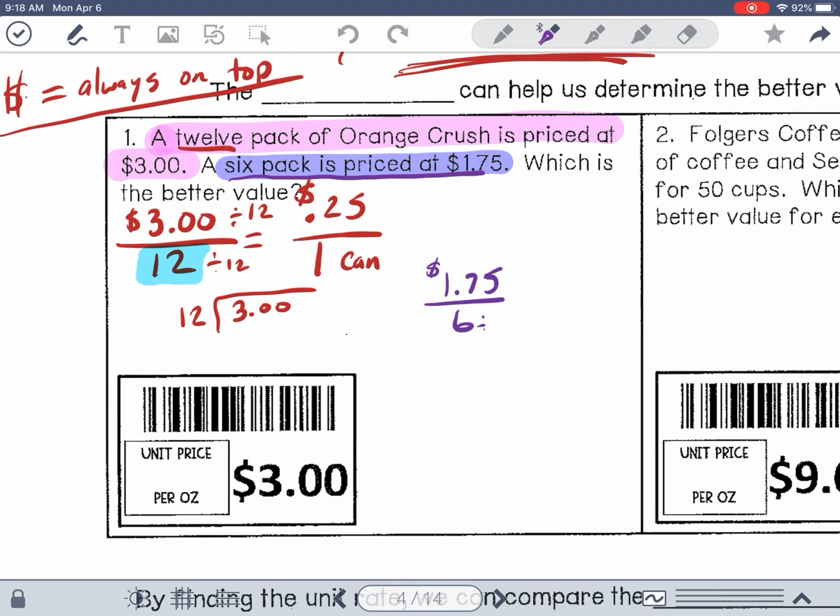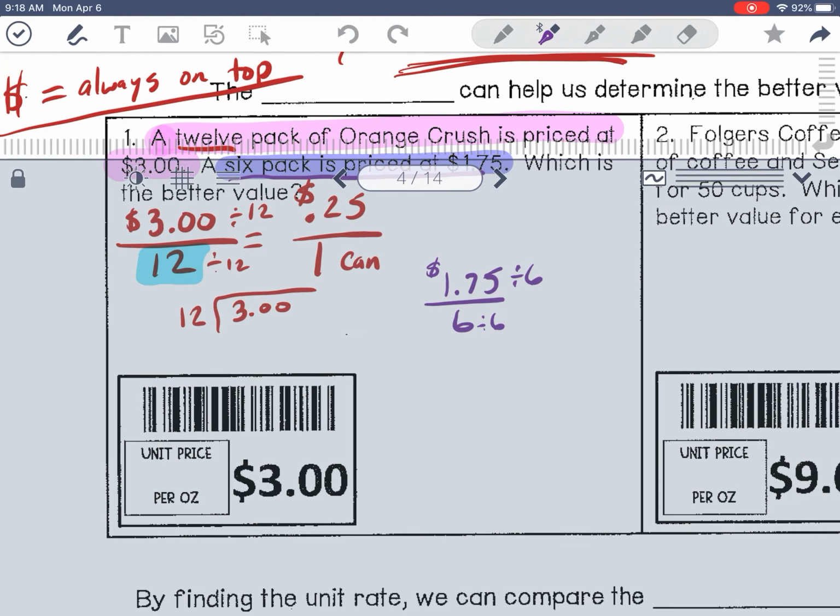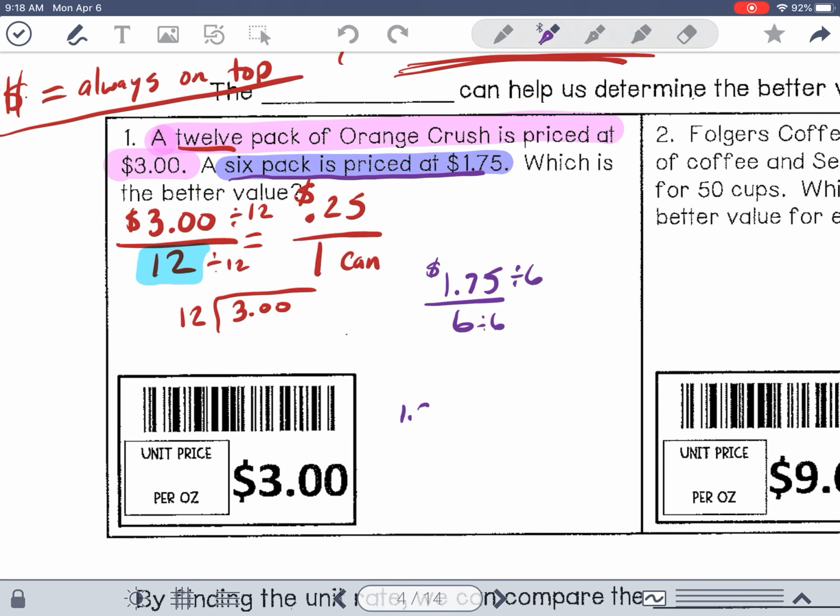Excellent. Divide by the denominator. Divide by 6, so $1.75 divided by 6. When you work that out, this answer will give me 0.29, or 29 cents for 1 can.